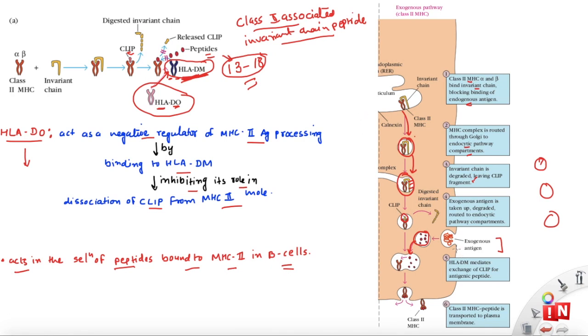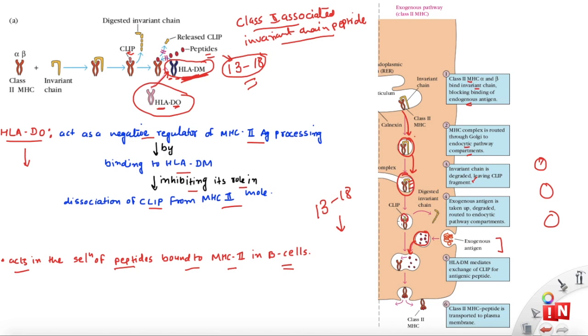An exogenous antigen that has been taken up will be degraded into peptides of 13 to 18 residues by going through the endocytic compartments where the pH is decreasing, and that will cause the antigen to form peptides. Simultaneously, we have MHC class 2 physically bound with the invariant chain going through the endocytic compartments, and that will result in digestion of this invariant chain. Now you know why this is present, leaving behind the CLIP.